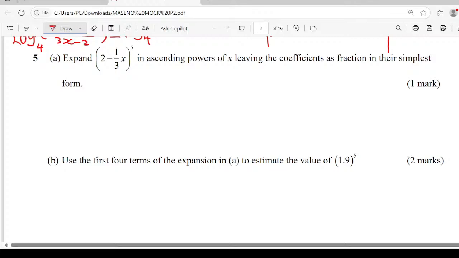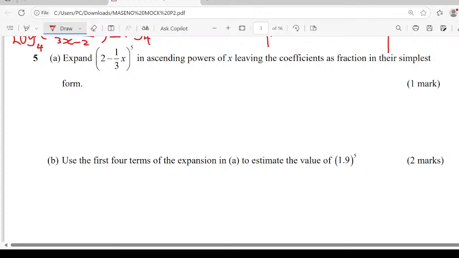So make sure whenever you prepare for a paper 2, you are very well equipped, because you are most likely going to face a question from binomial expansion. Wonderful.